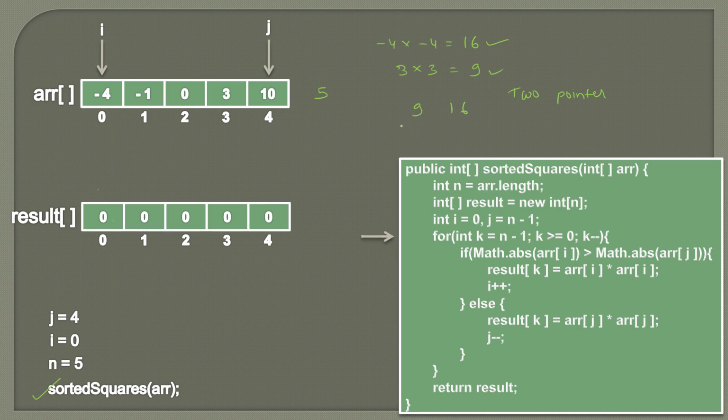So what we do is we try to fill this result array from the end. Here we create a for loop where k starts from n minus 1. So k is starting from 4 because the value of n is 5. It means we will fill this result array from the last.